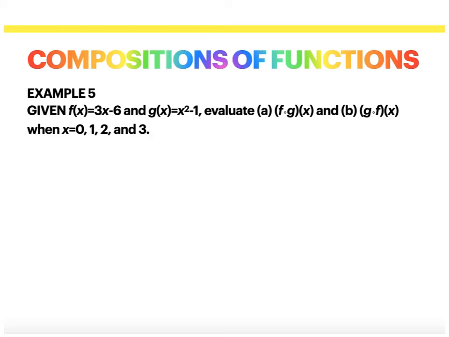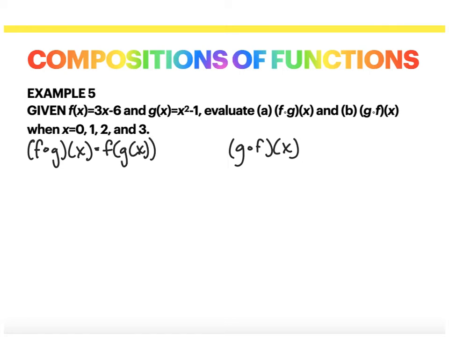So the first one we need to figure out is f of g of x, and then we need to figure out g of f of x. So remember, f of g of x can also be written as f(g(x)), and it might help us look at these this way, g(f(x)).